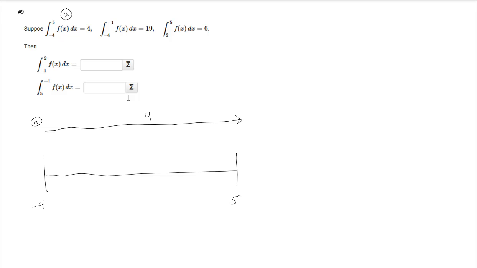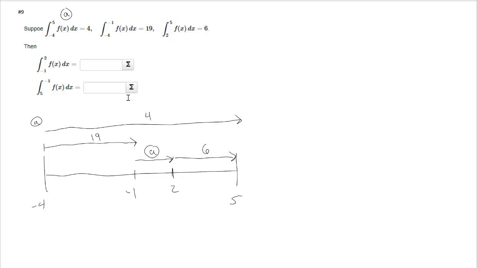And then the integral from -4 to -1 is equal to 19. And that the integral from 2 to 5 was equal to 6. And so they want to know first in part A, what does the integral from -1 to 2 look like?